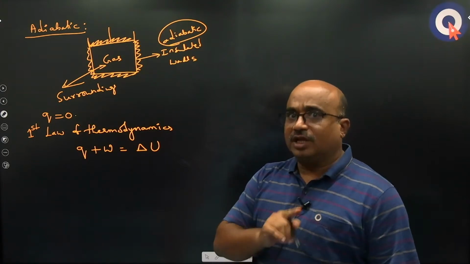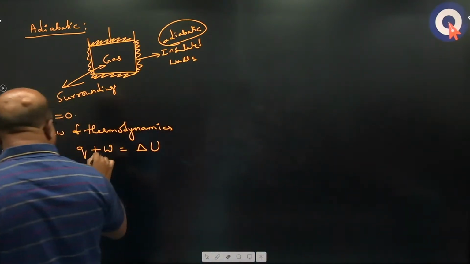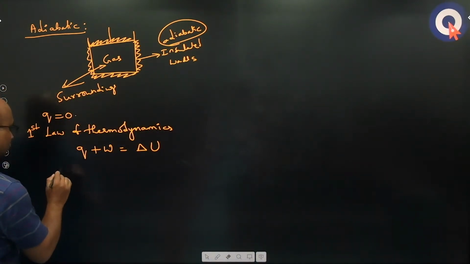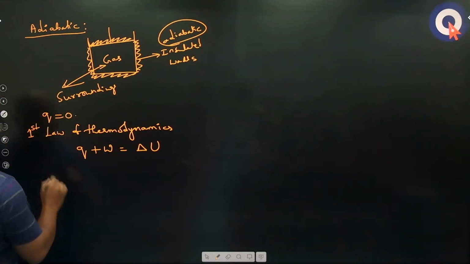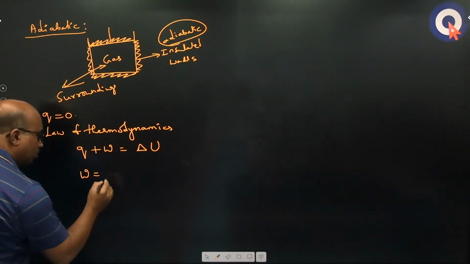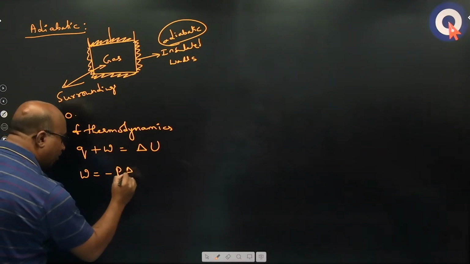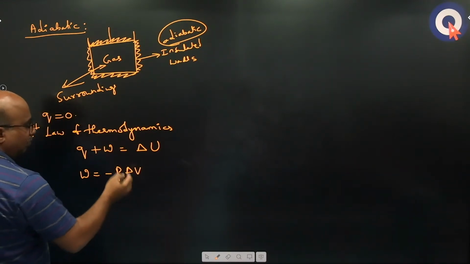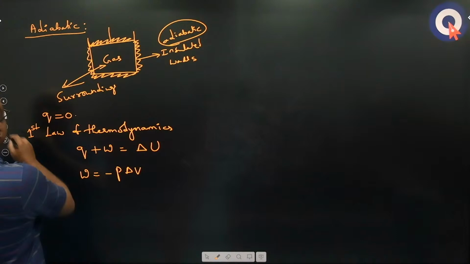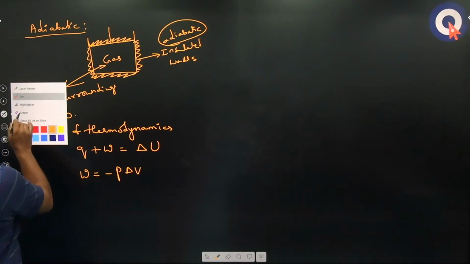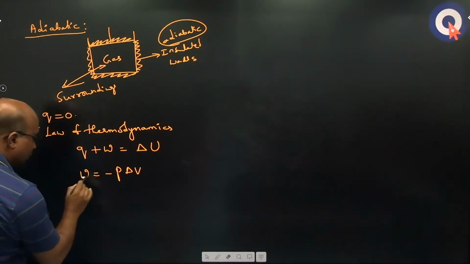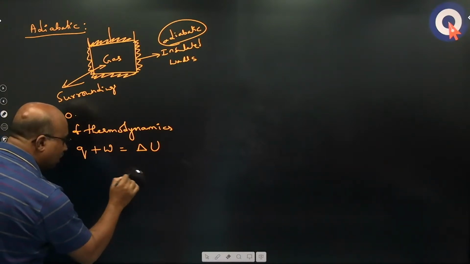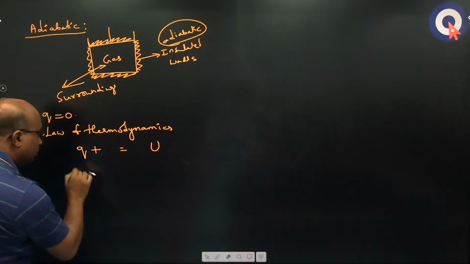But the basic thing is the work we define here, W, is nothing but minus of P delta V, or minus P dV. That is, if you write it for smaller changes, we usually write the expression like this. What is the general differential expression?